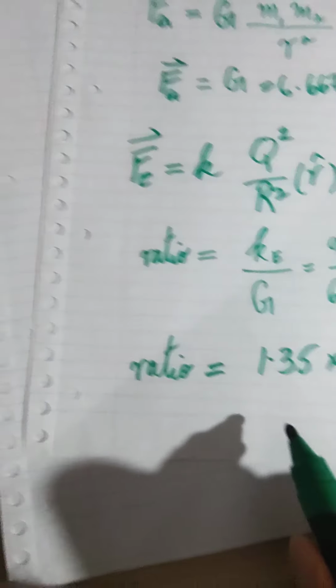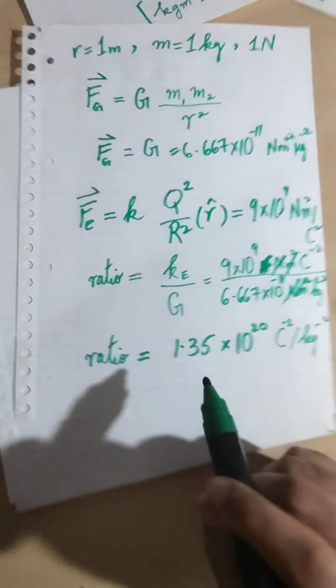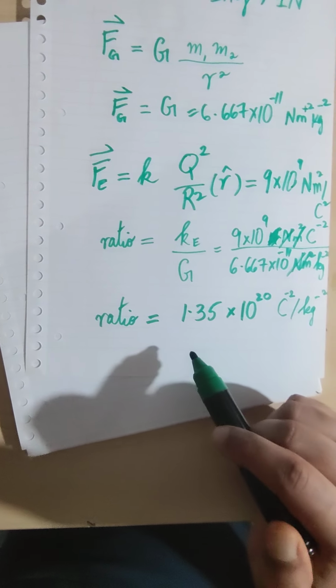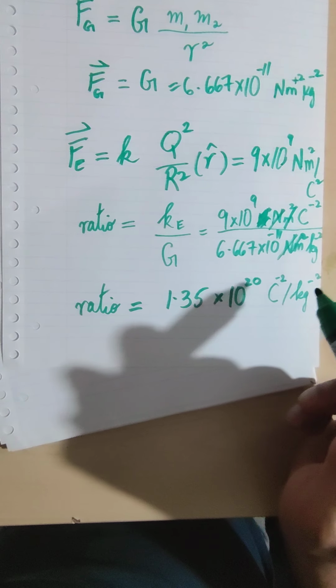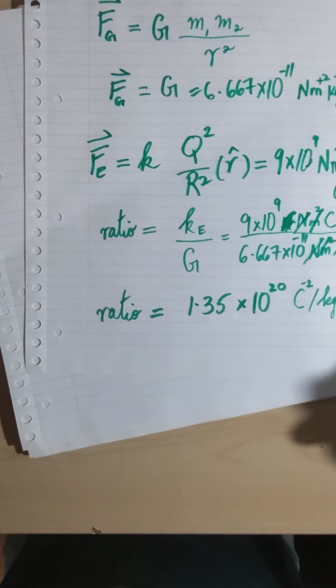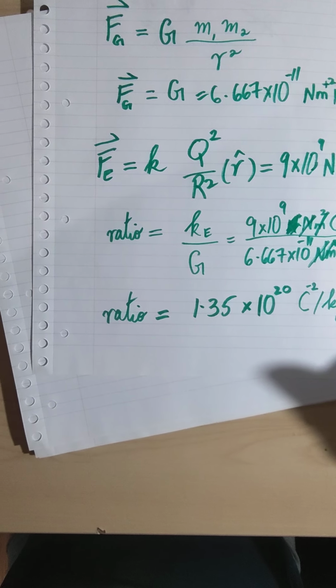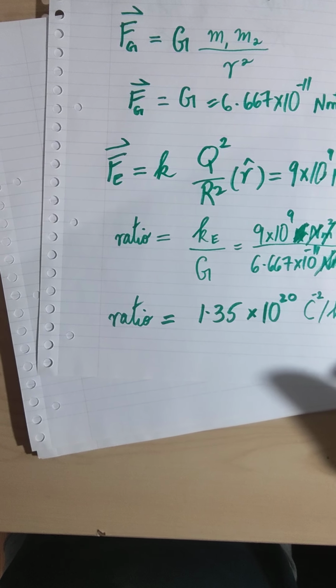So we can estimate that electrostatic attraction and repulsion is 1.35 times 10 to the power 20 times stronger than gravitation. That's the actual ratio that comes out to be.